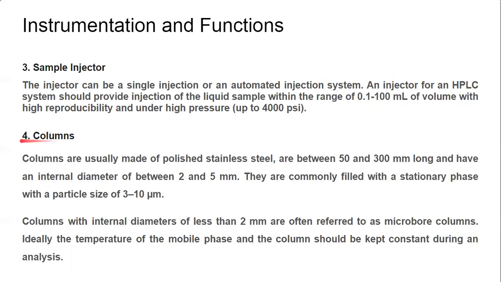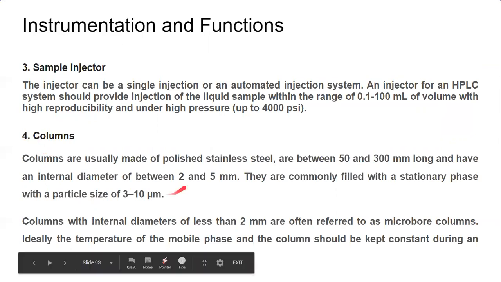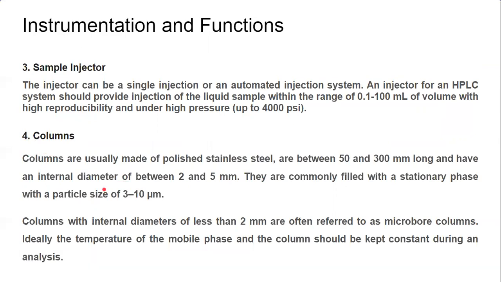HPLC column. Next, columns. Columns are usually made of polished stainless steel, between 50 millimeters to 300 millimeters long, and have an internal diameter between 2 to 5 millimeters. They are commonly filled with stationary phase with a particle size of 3 to 10 micrometers. So the particle size of the silica stationary phase is very, very small.